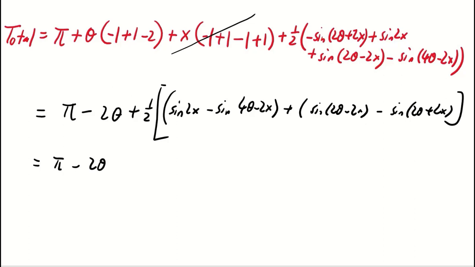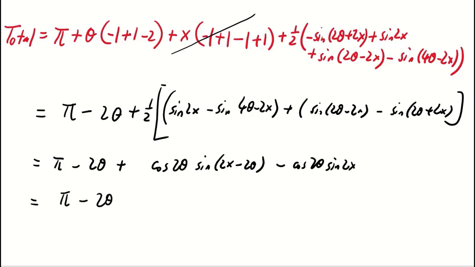If we use the sum to product rules, sine minus sine will give me 2 cosine. Cancel with the half here, it will only give us cos 2 theta sine 2x minus 2 theta, and the other one will be cos 2 theta sine 2x. So this will mean that pi minus 2 theta plus cosine 2 theta sine 2x minus 2 theta minus sine 2x.